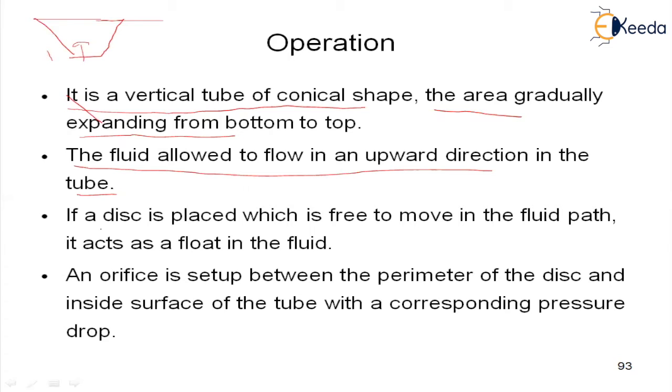If the disc is placed, sometimes some people will use the float in terms of a disc, or the float will be in terms of different parameters we are going to take. Inside this disc, a simple orifice is present. This orifice is between the perimeter of the disc, meaning the total circumference, and the inside surface of the tube, with the corresponding pressure drop.